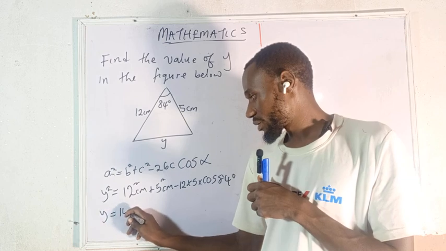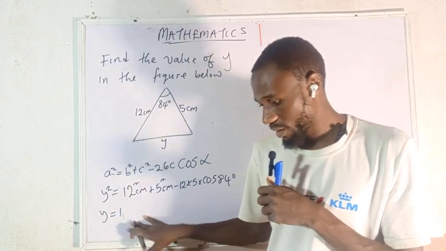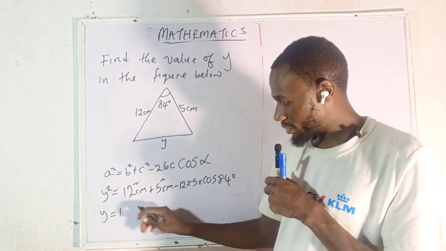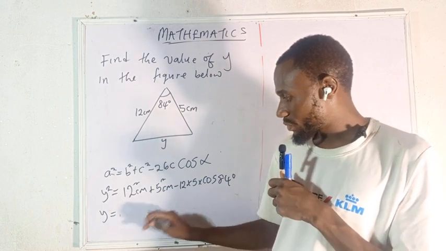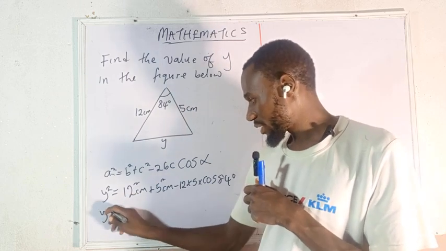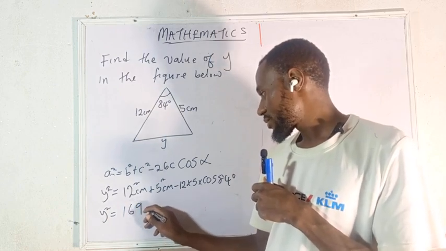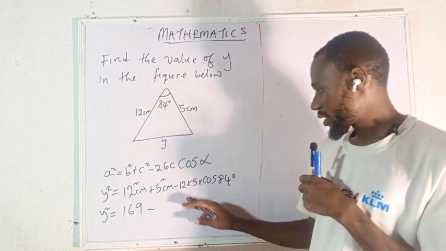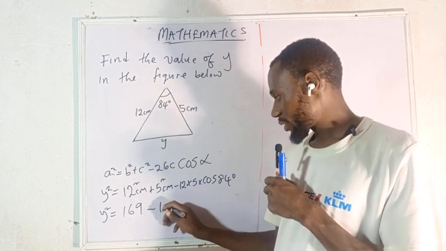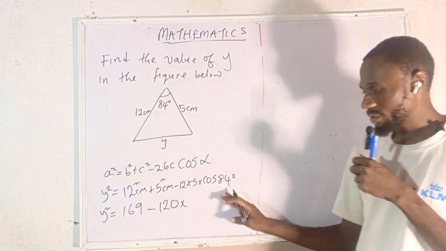12 square is equal to 144. 5 square is 25. If you add, you get 169 centimeters square, minus 12 times 5, which is minus 120, times cos 84.